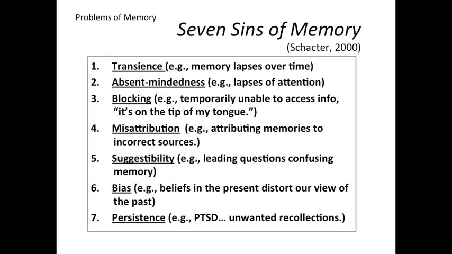He calls the first sin transience, which basically in his mind means memory lapses over time. We don't remember things that happened a long time ago, or we don't remember everything that happened a long time ago. And those of us who have been on the planet a little bit longer know, after a few years, you don't want to remember everything, right?